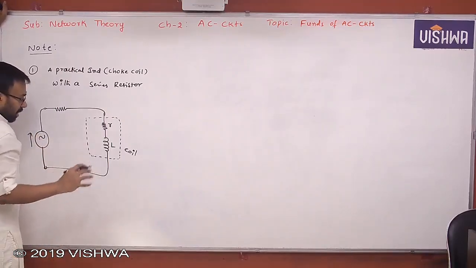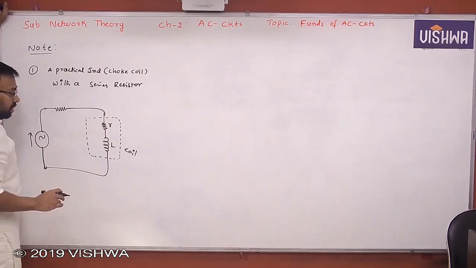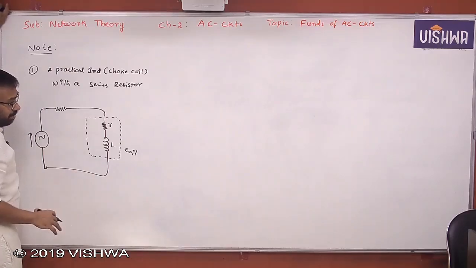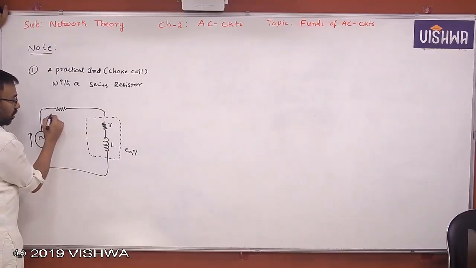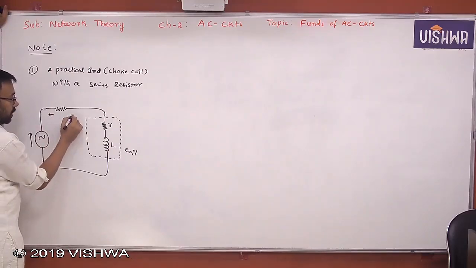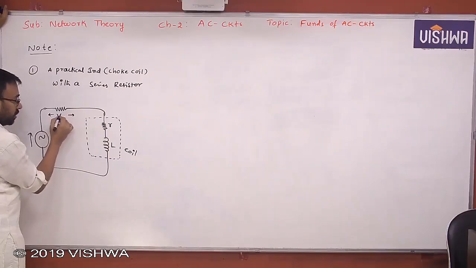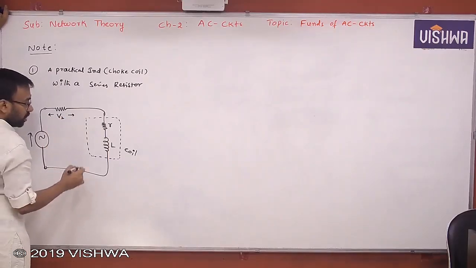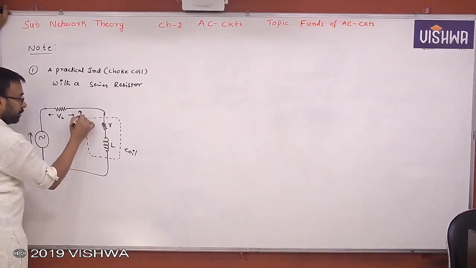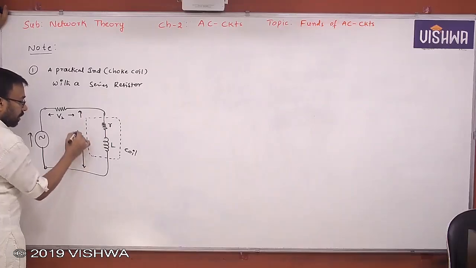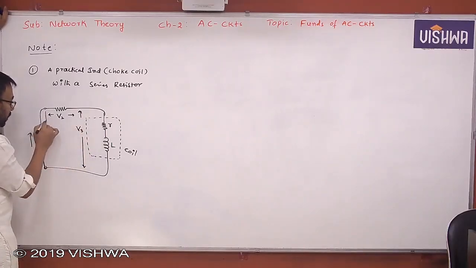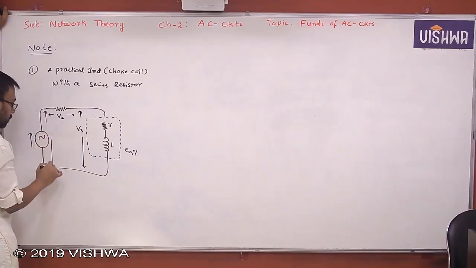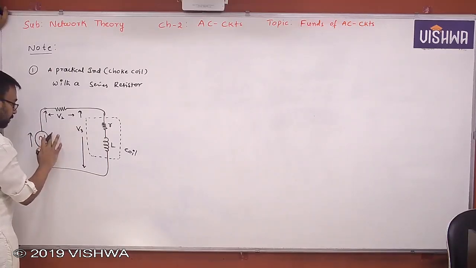Now assume that with the help of this MI type meter, MI type means moving iron type meter, I measured the voltage here. Say this is V2, the voltmeter reading. I measured the voltage here, say this is V3. I measured the voltage here, say this is V1.